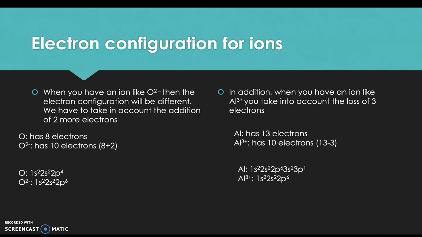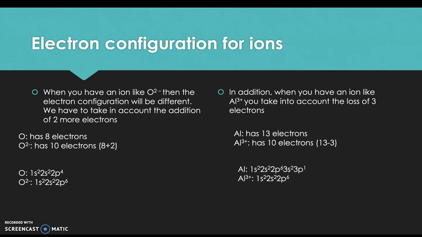Electron configuration for ions. When we have an ion like O2-, then the electron configuration will be different. We have to take into account the addition of 2 more electrons. Oxygen has 8 electrons. Oxygen 2- has 10 electrons. We add the 8 that oxygen originally has with the 2 that were added on.